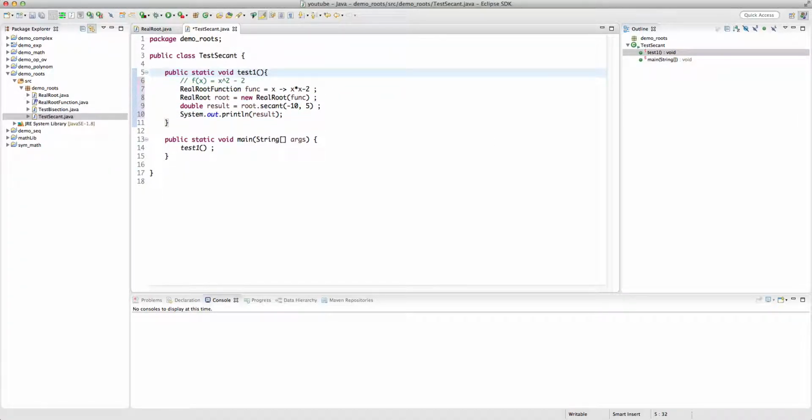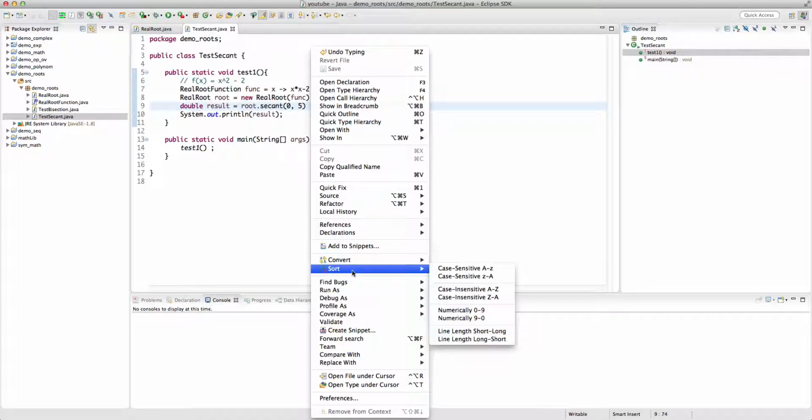So we use the lambda expression for the real root function, and it maps x to x squared minus 2, and I want to find the roots in 0 to 5. Now at 0 we get minus 2, at 5 we get something positive, so this is a valid bracket for the root.